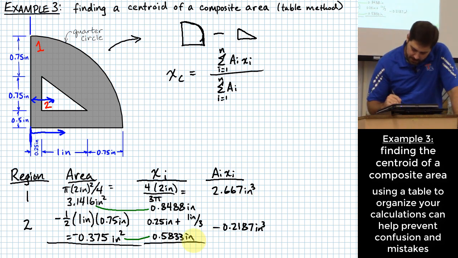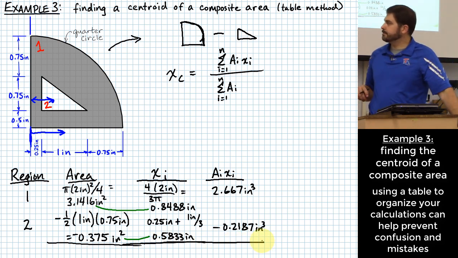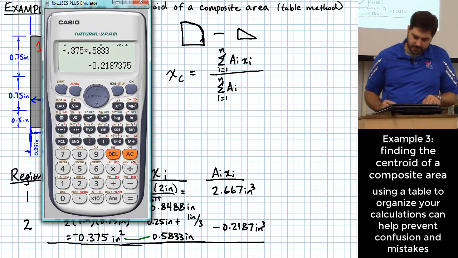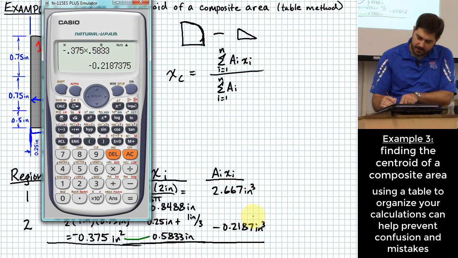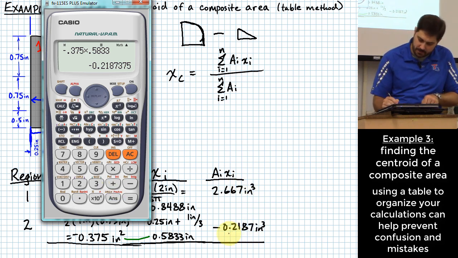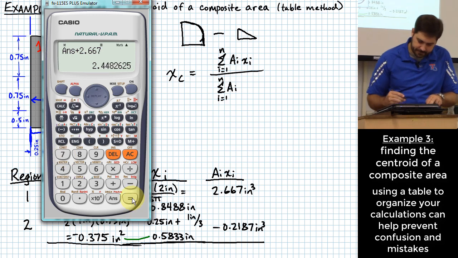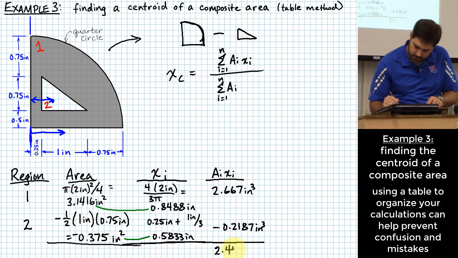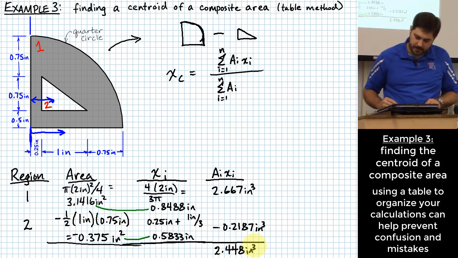Why do you think it might be good for me to come up with those two products? What I can do now is take those two products and add them up. So I can add negative 0.2187 to 2.667. That'll give me 2.448 inches cubed, right?